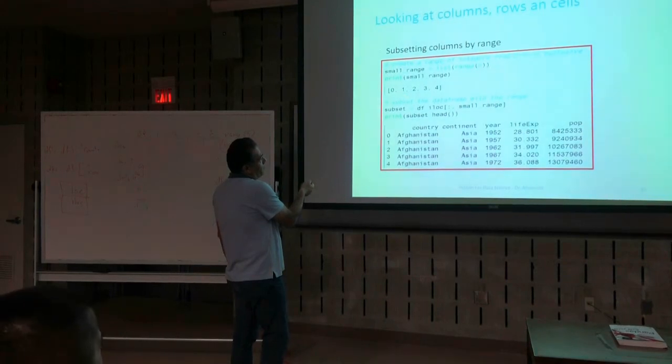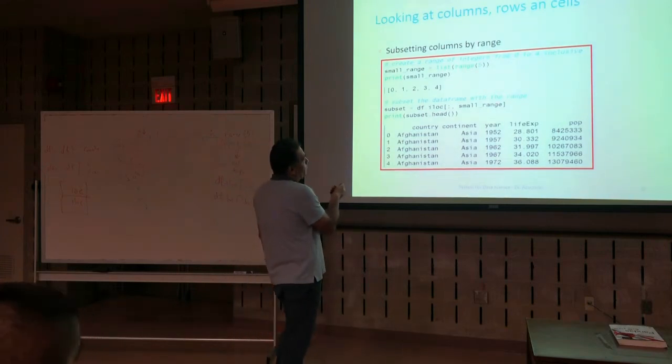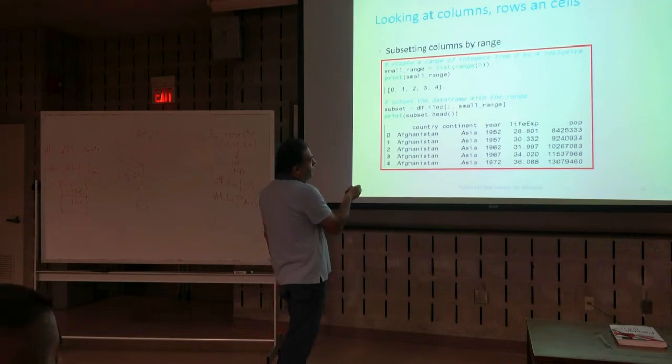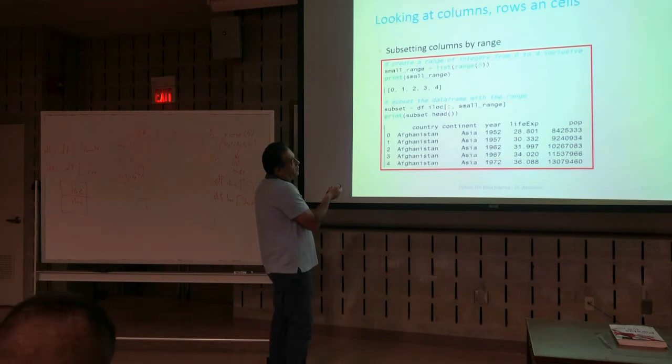So if I would like to pick certain columns, as you see in here, subsetting. In iloc, there is a comma. Here are the rows, and here we'll have the columns. When the row part is empty, that means all the rows.